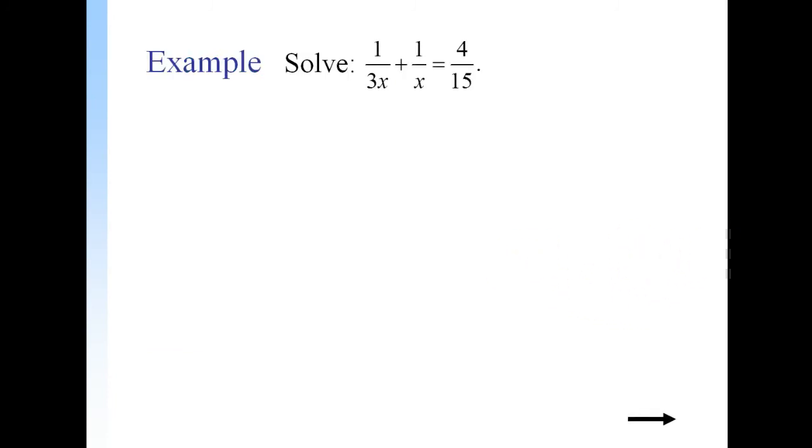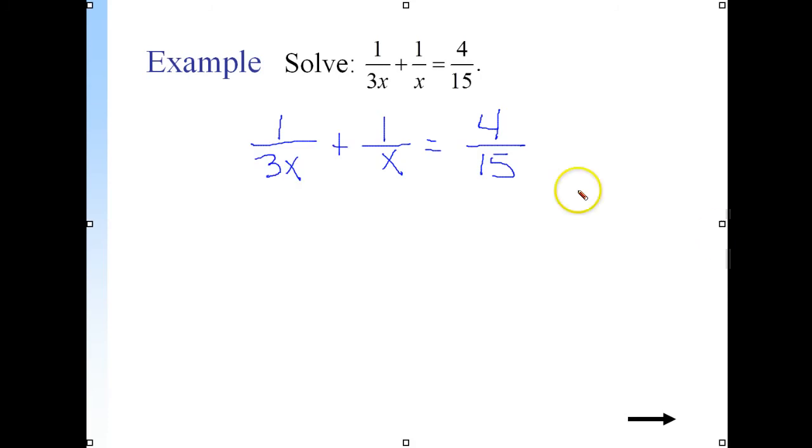All right, now let's do this one. So I've rewritten it so I can see my original. And as I look, what will be my common denominator? Well, 15x. Now, 3x goes into there once, 3x goes into there 5 times. X cancels with the x, that gives me a 15.